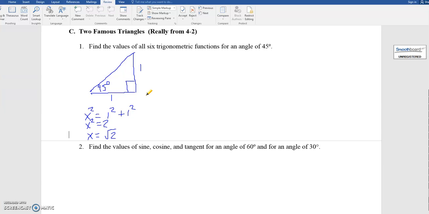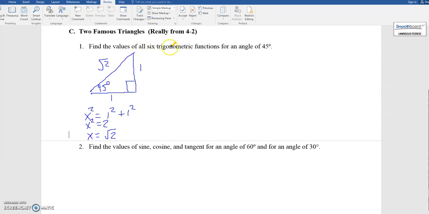Okay, so because I picked the leg lengths of 1, now I know this has to be square root of 2. And then again, a gentle reminder, it doesn't matter what I picked for these two legs, as long as they're the same, because it's a 45, 45, 90 triangle. If they had been the same, but maybe bigger, the hypotenuse would have changed with it, but their ratios are still the same.